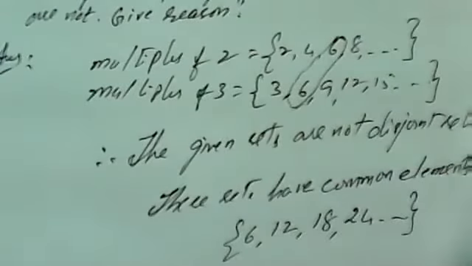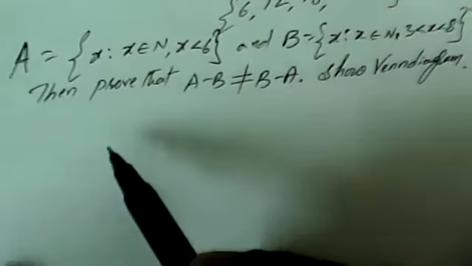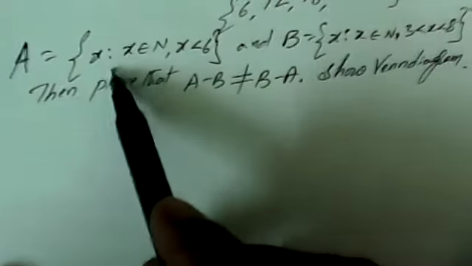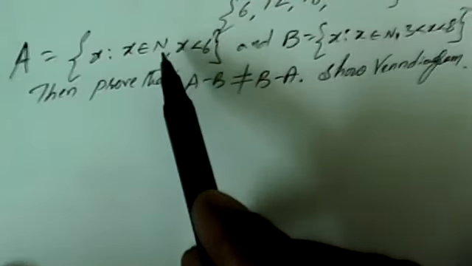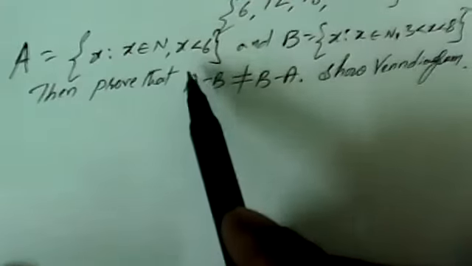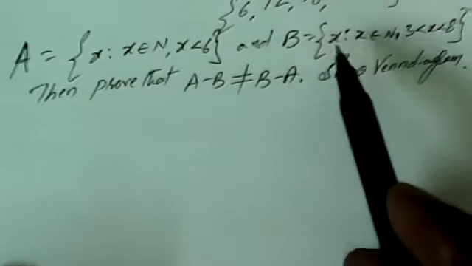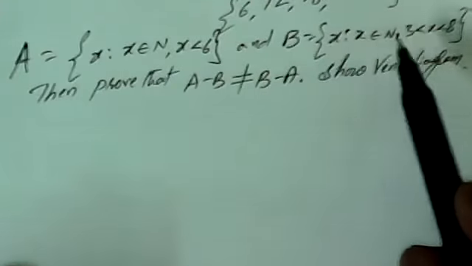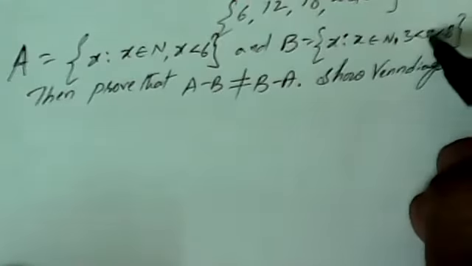Okay, I'll copy this. The question is: set A equals the set of all elements x such that x belongs to the natural numbers and x is less than 6, and B equals the set of all elements x such that x belongs to N and 3 is less than x is less than 8.